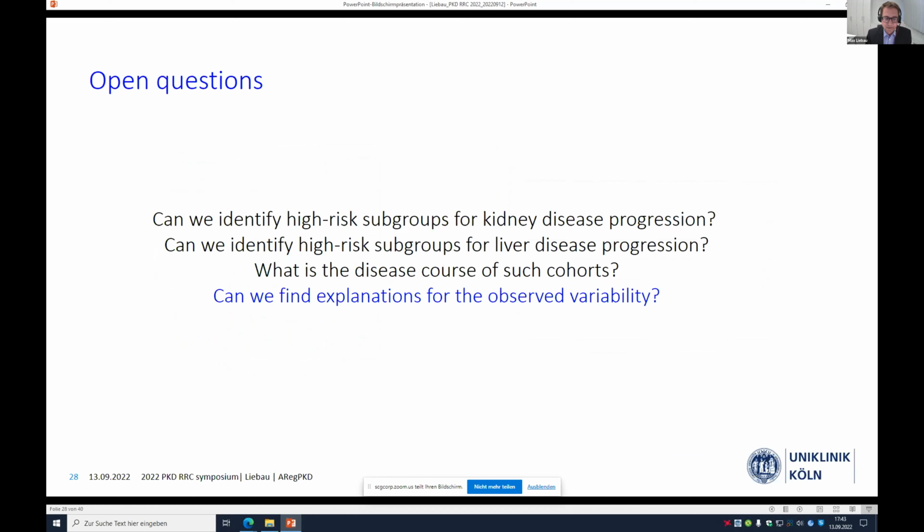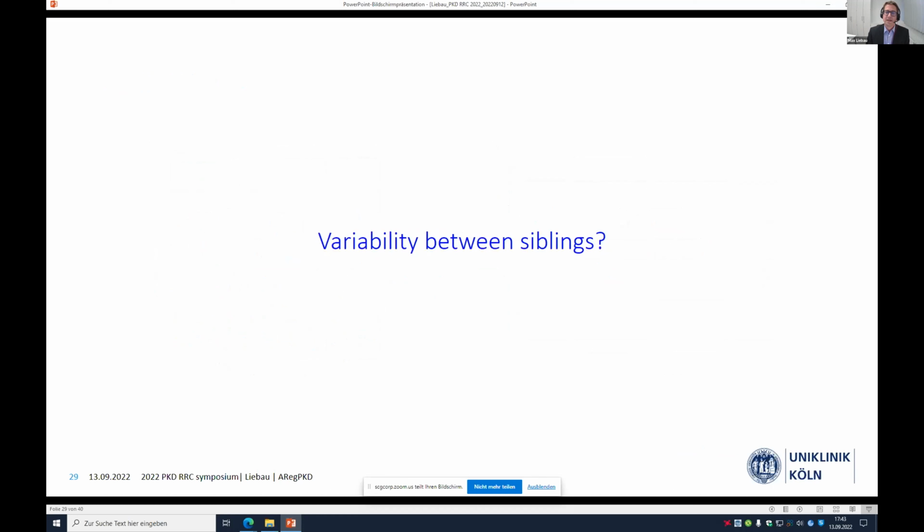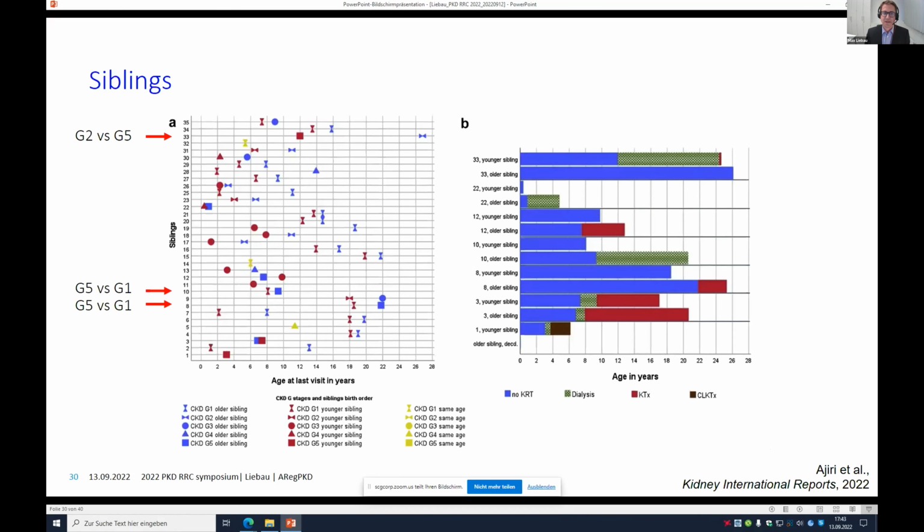So can we find explanations for the observed variability? Here we looked at sibling findings in our registry. It was previously shown that there is variability in ARPKD, which was mainly defined as survival differences between siblings. So we had 35 siblings in our cohort, just one passing away. So this is a cohort of siblings of neonatal survivors.